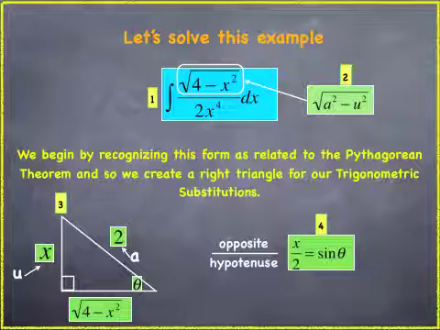What we've done is put the u, square root of u squared, opposite of our angle theta, and we have put the 2 in this particular case, which is our a, in the hypotenuse. Then using the Pythagorean theorem, you would get the radical that you see, which is adjacent to theta.